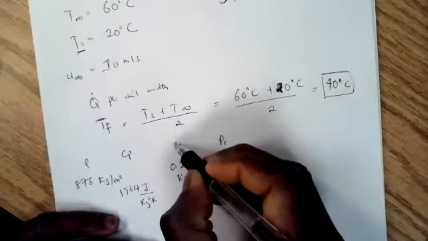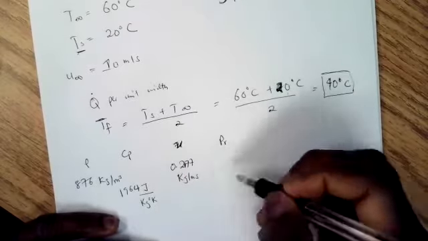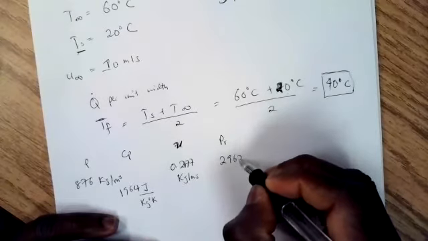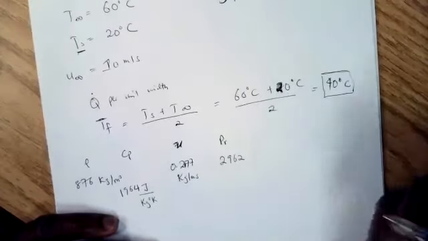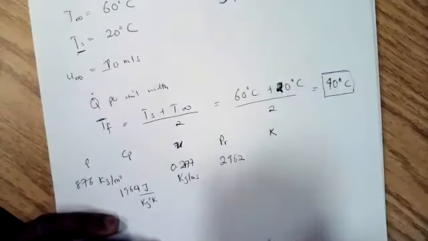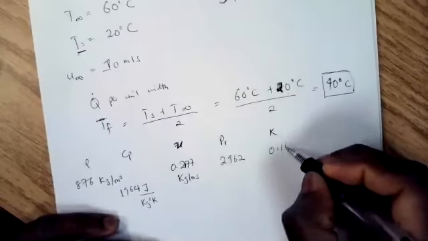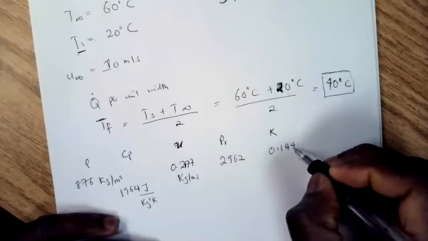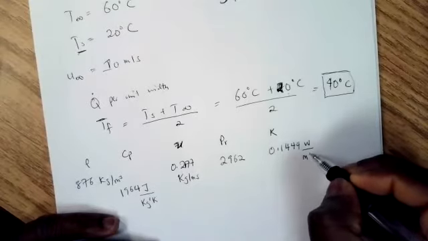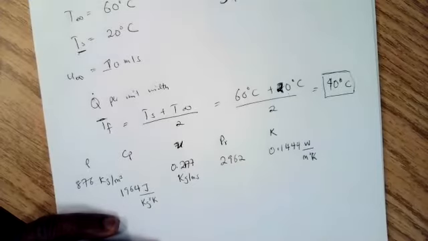Okay. And then the Prandtl number is 2,962. Okay, how about the value for k? The thermal conductivity is 0.1444 watts per meter Kelvin. Okay.